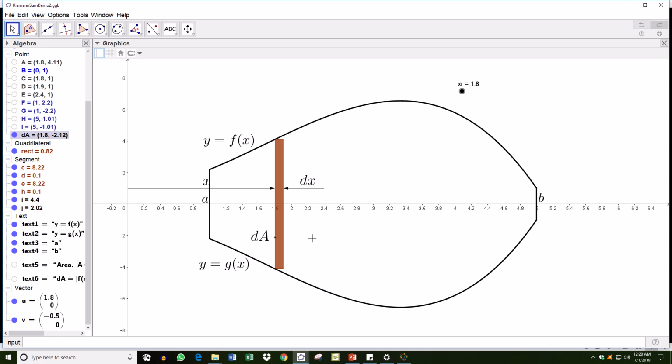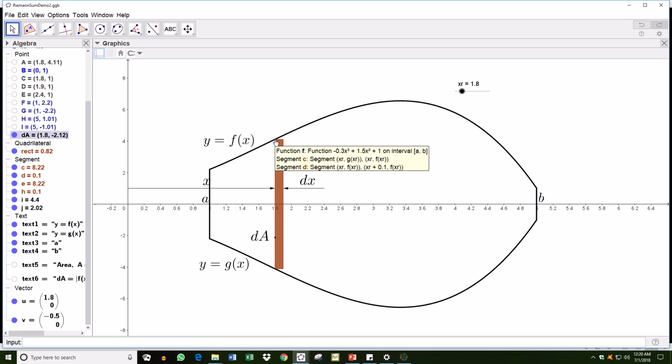So what is the height of this rectangle? Pay attention. Would you agree that the height of the rectangle is the y value at this point minus the y value at this point, right? But what is the y value at this point?